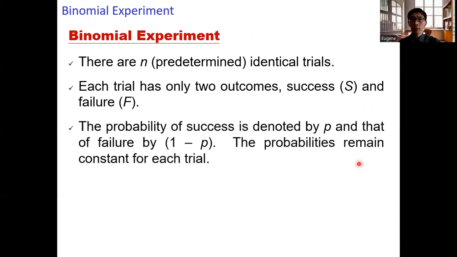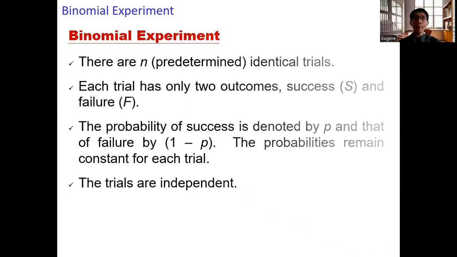The third condition, the probability of success is denoted by p, and the probability of failure is denoted by 1 minus p. These 2 probabilities remain constant for each trial. And the last condition, the trials are independent. If an experiment satisfies all these 4 conditions, we say that the experiment is a binomial experiment.